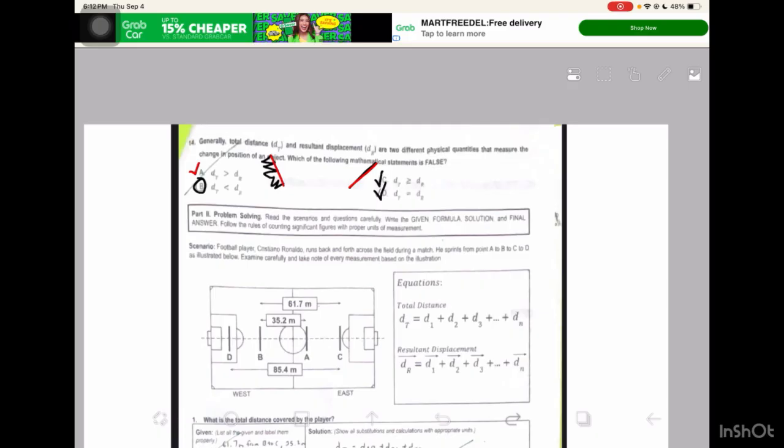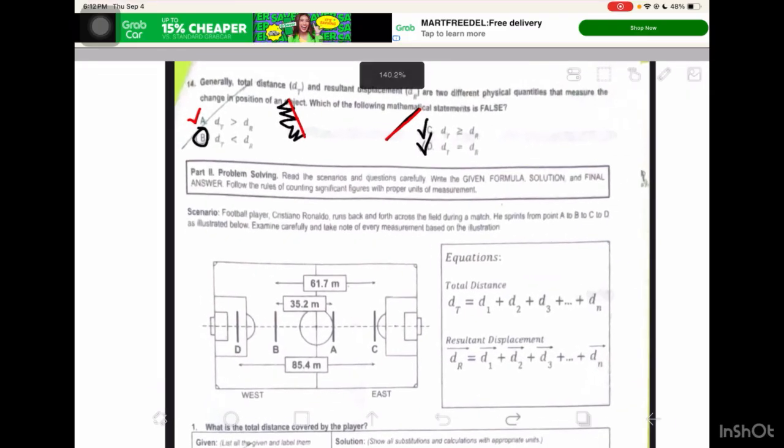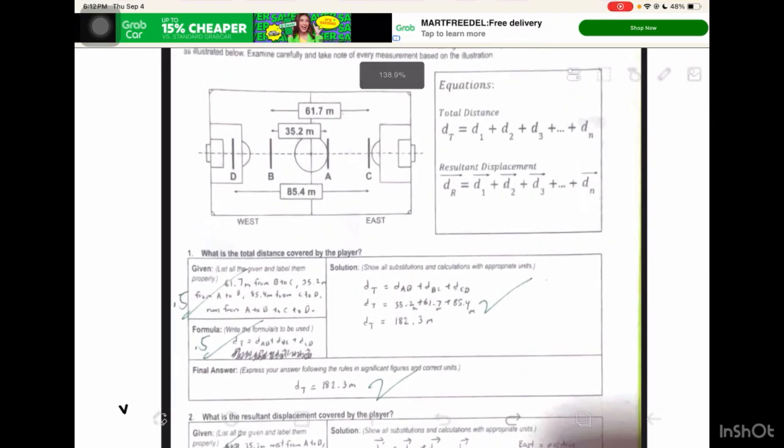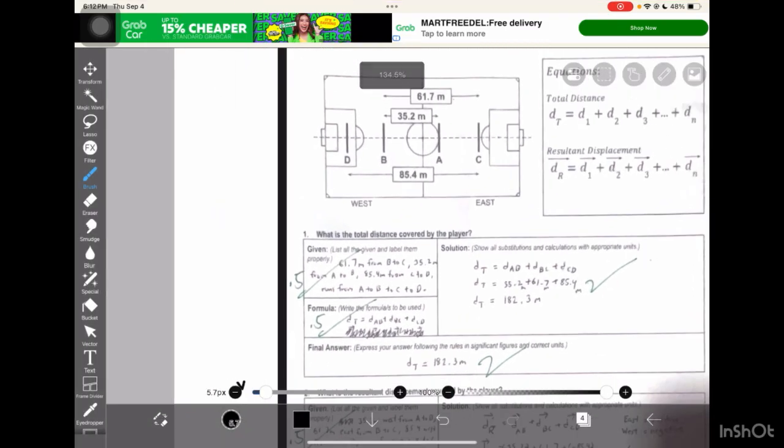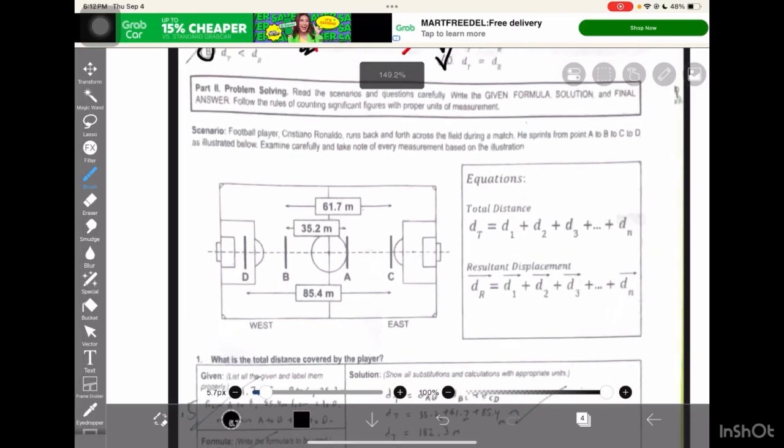Problem solving. Read the scenarios carefully and write the given, formula, solution, and final answer. For this one, it's quite messy, but I'll explain my answer. Scenario. Football player Cristiano Ronaldo runs back and forth across the field during a match. He sprints from point A to B to C to D, as illustrated below.